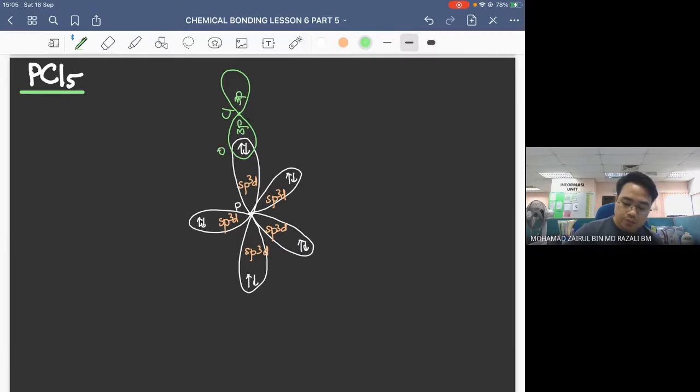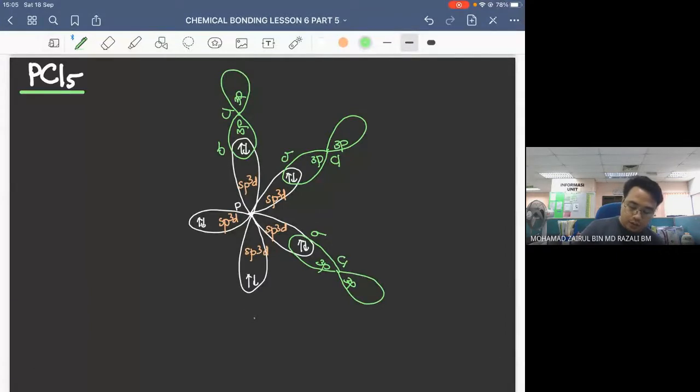This one you label as a sigma. Same goes with this. Dia akan overlap dengan 3p orbital. So Cl sigma. Same goes with this one. So 3p, Cl sigma. Same goes with this.